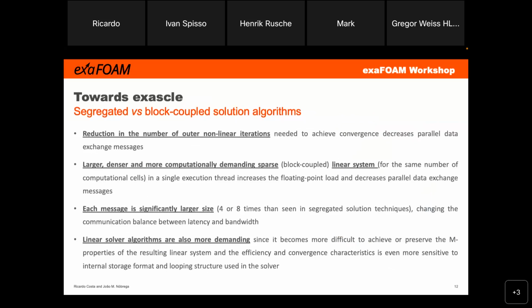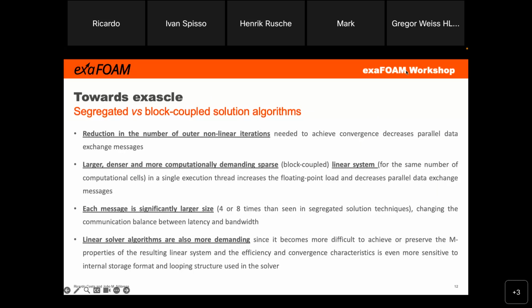In the perspective of exascale systems, block-coupled solution approaches also have a couple of interesting features. One of them, as I said, is that we reduce the number of iterations we need to perform in these fixed point iterations. Because of that, I reduce the number of times my processors communicate, which is good.